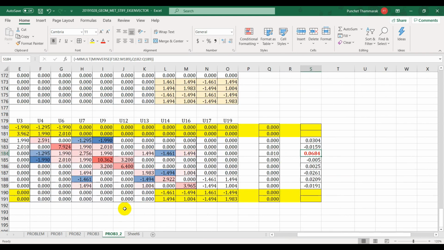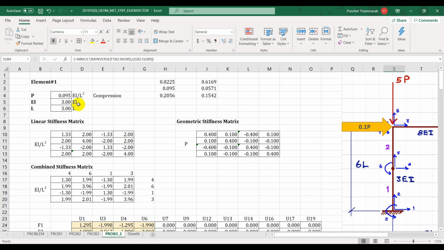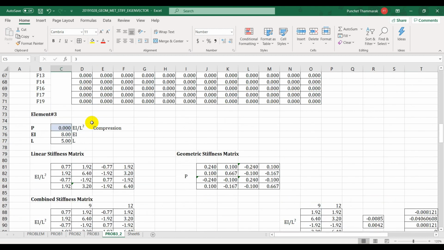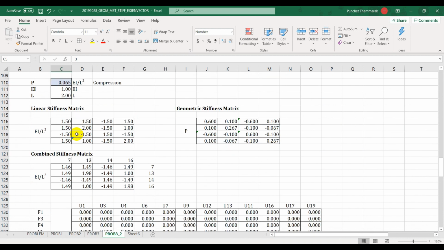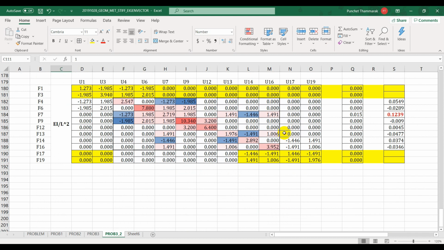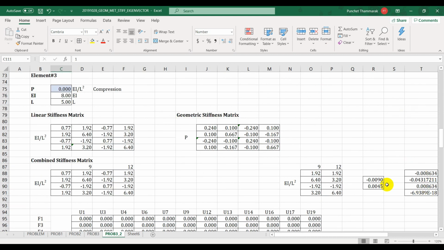You change the load, and first 0.15, that's going to make what? 0.9, right? 0.09 in the right column. You get number here, you get the reaction there.